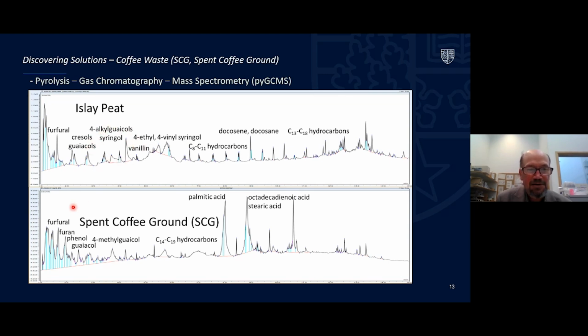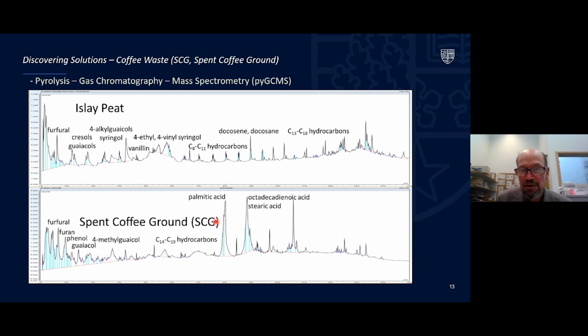And you can see if we do the same trick with spent coffee ground, again we get a series of phenols that we're familiar with now from earlier slides, and again later on these much larger bulky long chain hydrocarbon compounds. And you'll notice also in the coffee ground that there are these fatty acids, palmitic acid, stearic acid, etc., coming off. And these are the lipid fraction of coffee, which isn't really present in peat.